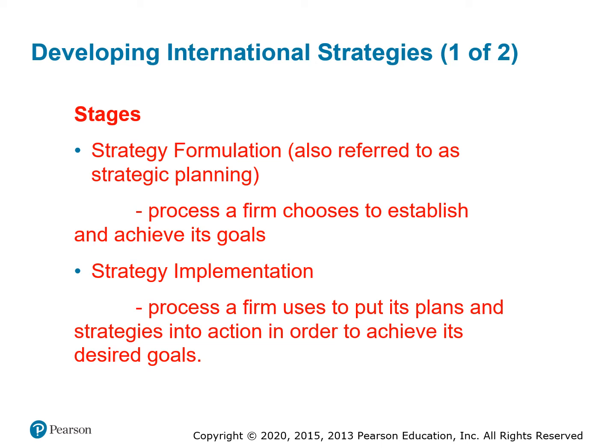This is the process a firm chooses to establish and achieve its goals. Through strategy formulation or strategic planning, management of a firm is able to evaluate its resources and determine the best methods to maximize the firm's return on investment.